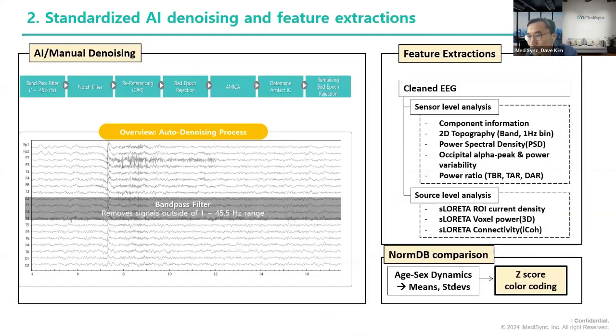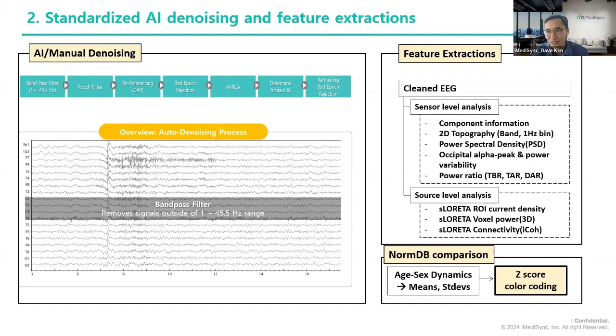The second important specialty is our AI denoising, automated denoising. EEG is a quite useful signal, but actually EEG is not so popular because the denoising is very difficult, because it takes a lot of signal processing algorithms.